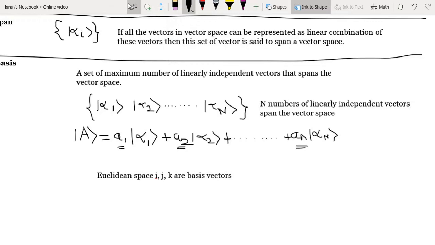How do we represent a vector in Euclidean space? Suppose I have a vector A in Euclidean space, we say that it will be a1 i cap plus a2 j cap plus a3 k cap, and we simply represent A by these coefficients a1, a2, a3.